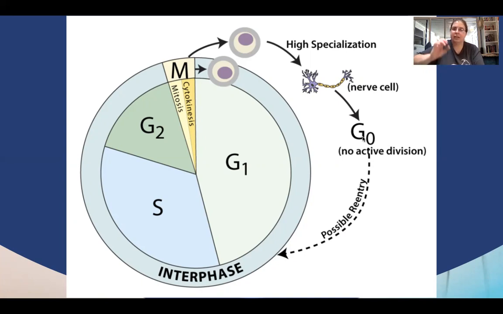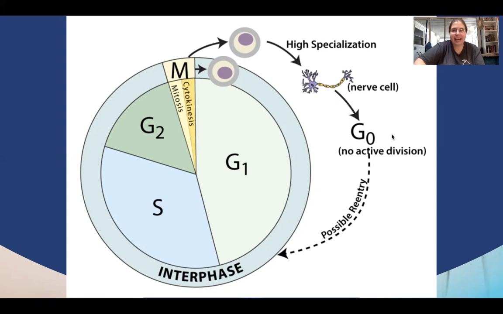What it means is the cell will only go to this phase, G naught, if there is an error in it. And if there is an error, and it can be fixed, if the cell is able to correct that error, then it can go back into G1. Then it can re-enter the cell cycle.